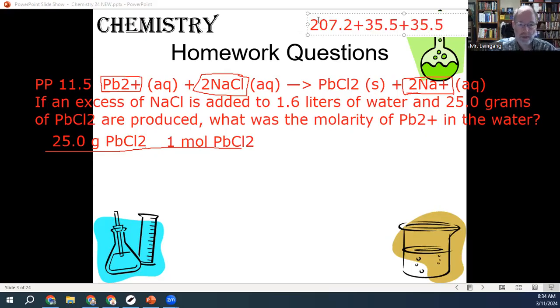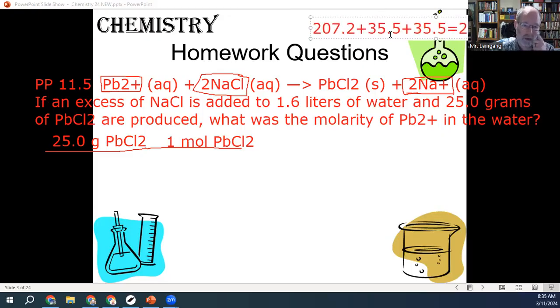And there's 2 chlorines. So 207.2 plus 35.5 plus 35.5. And my calculator tells me it's 278.2 grams per mole. Can anybody confirm that? Did I do that all right?